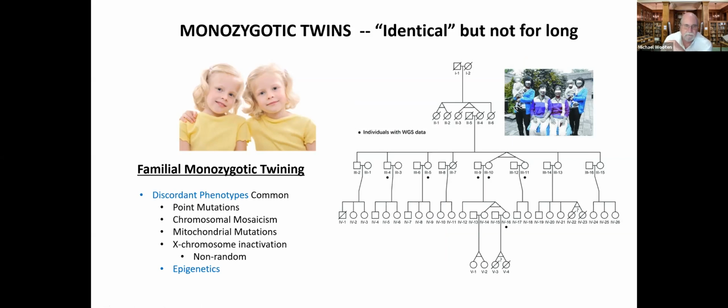Okay, there is monozygotic twinning. There's familial versions of that, where there are families which have a lot of twins in them. They just tend to have these combinations of twins that occur quite frequently. And in those families, and in fact, in all twinning situations, we end up with what are very often known as discordant phenotypes.